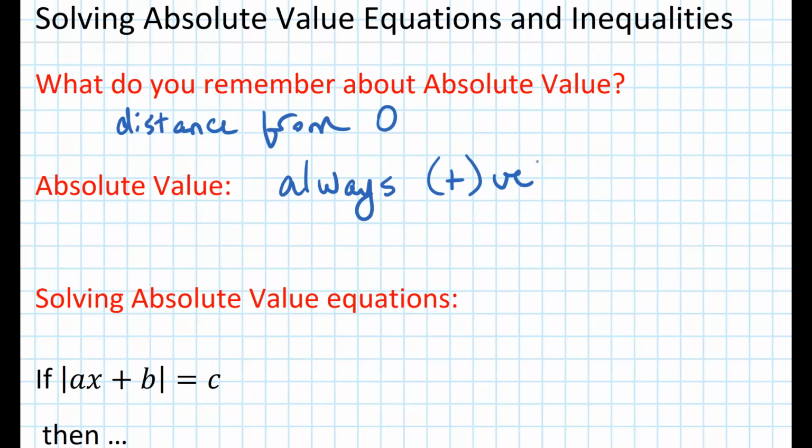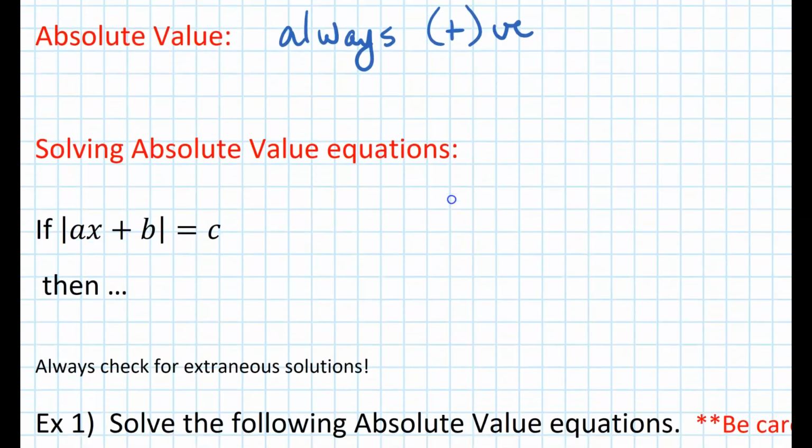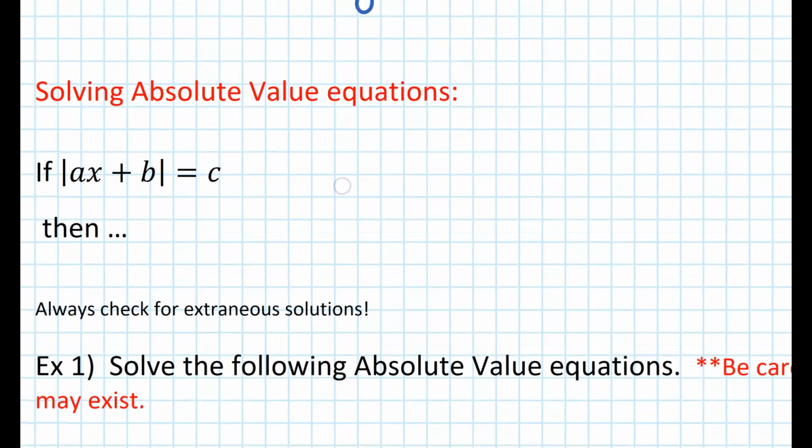Okay, so when we solve absolute value equations, such as this first one here, where we have the absolute value of ax plus b is equal to c, what's happening is, if you think about our number line, because as we said, we are talking about a distance from zero. So let's say that our point ax plus b is over here.